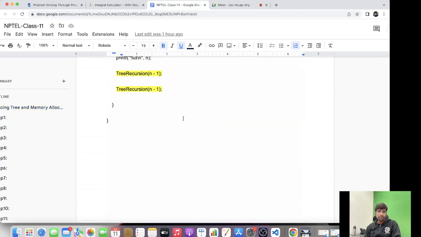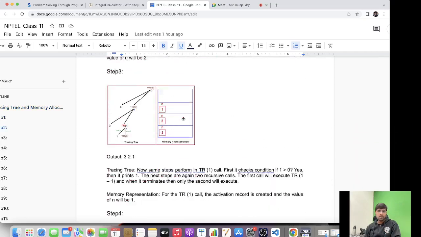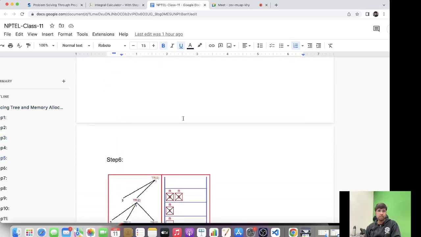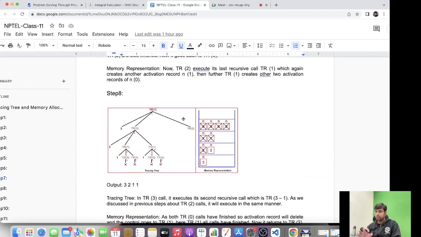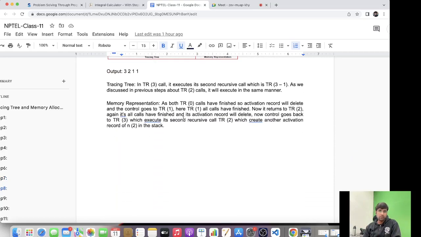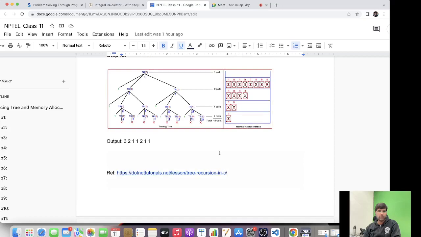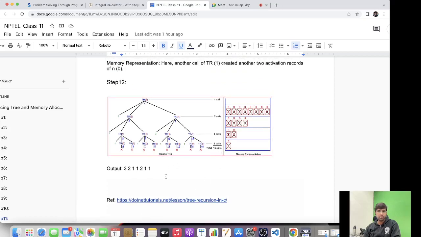I have given a series of step by step executions of this particular tree recursion. Whatever I explained is represented in pictorial format with an explanation of why it comes out like that. Take a look, and if you have any queries, drop me a mail. I have given a reference as well, you can read that material and then you will understand why it is like that.